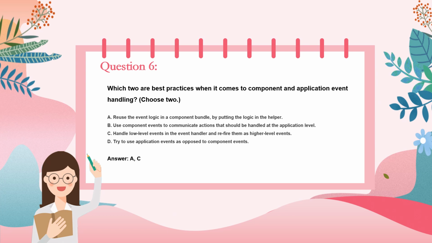B. Use component events to communicate actions that should be handled at the application level. C. Handle low-level events in the event handler and re-fire them as higher-level events. D. Try to use application events as opposed to component events. Answer. A, C.